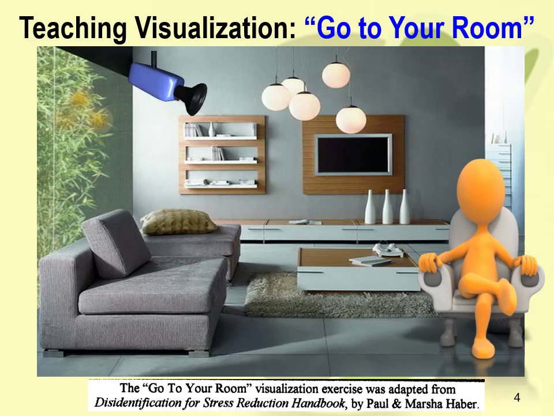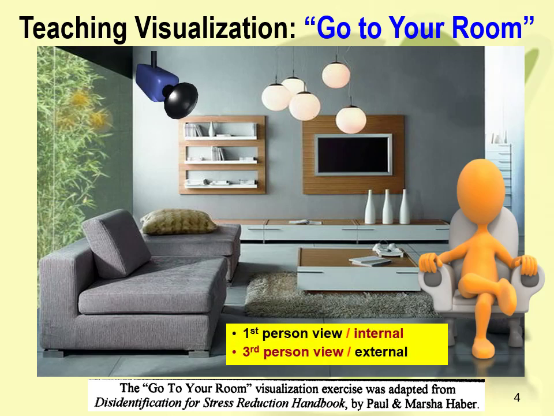And I want you to take the camera's view of you sitting in the chair, visualizing. So you're going to take what we refer to as a third-person view of yourself sitting in the chair, visualizing.